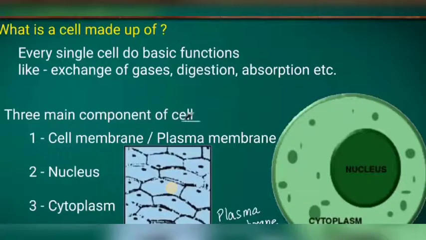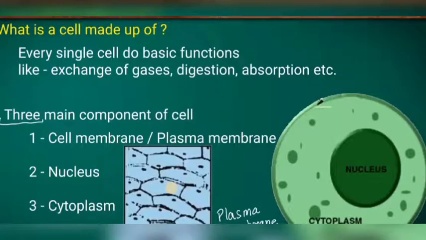Now let's see what the cell is made up of. A cell consists of mainly three components. The first one is the cell membrane, or you can also say plasma membrane. Here you can see in the figure, this outer boundary which is darker, we consider it as the cell membrane.